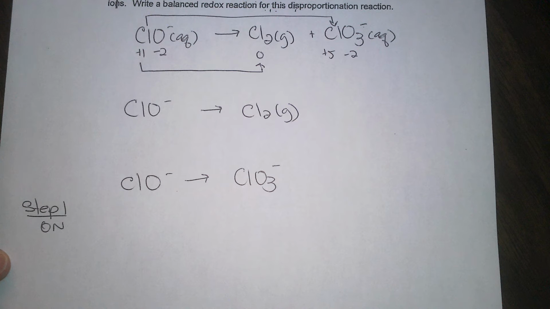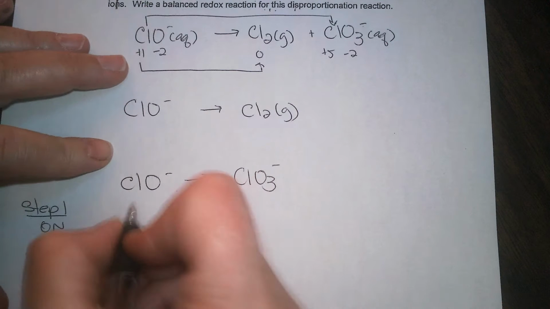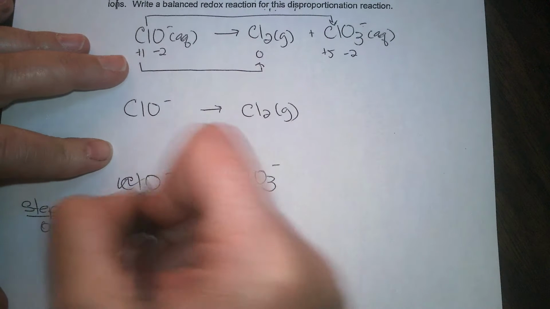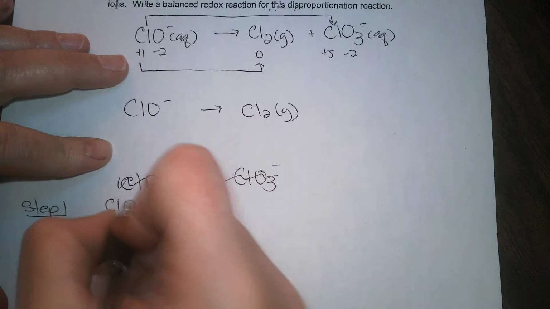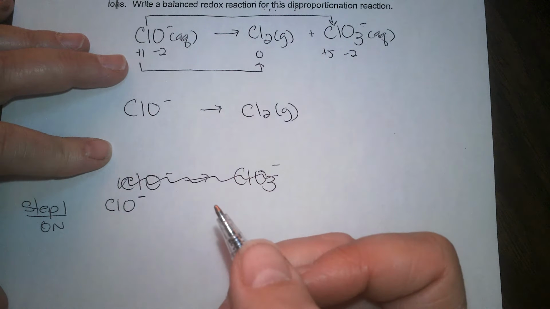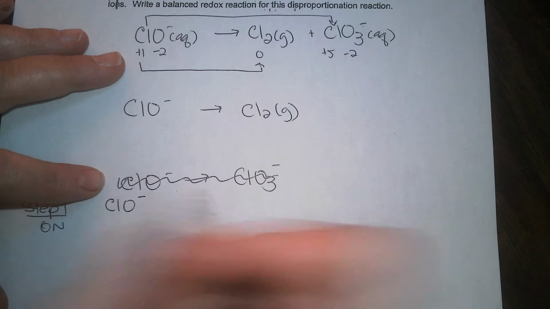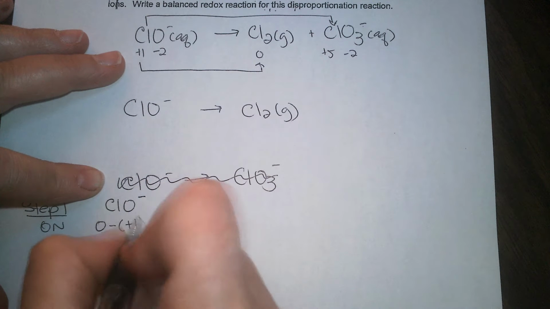I don't know. Okay. Oxidation numbers. So in ClO minus, I'm just going to cross this off because we found out we couldn't do it that way. So ClO minus here. We're going to look at 0 minus +1.